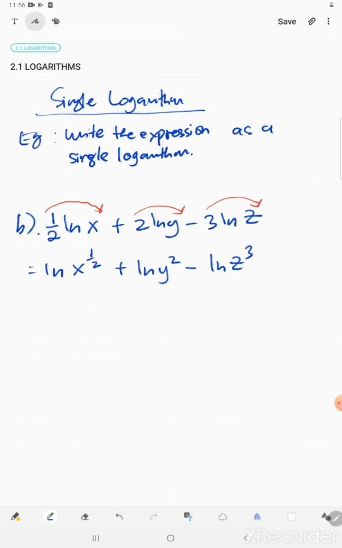Now we know that when we have addition, we have to multiply. When we have subtraction, we have to divide. So the answer is ln of x power 1 over 2 multiplied with y square and divided by z cube. Okay, so this is the final answer.